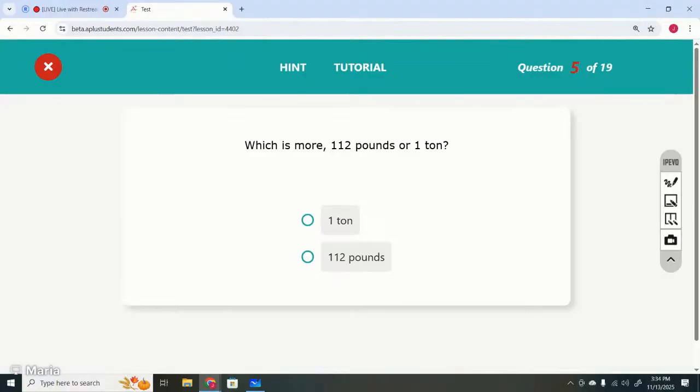Which is more, 1 ton or 112 pounds? 1 ton equals 2000 pounds, right? So option number one, 1 ton, is the correct option.